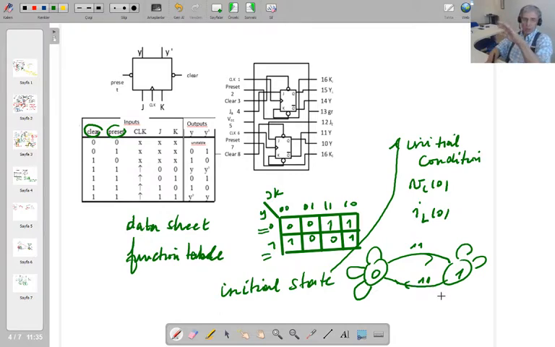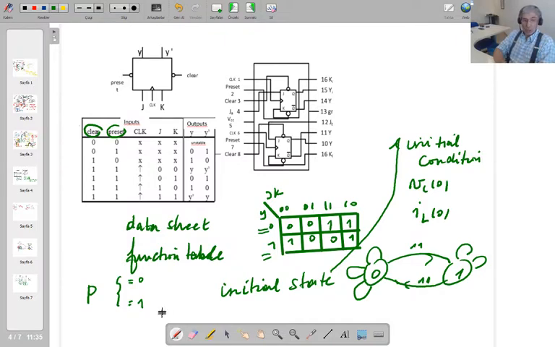So the question is this. In order to set something to 0 or 1, one variable is enough, isn't it? If you've got, let's say, variable p, you might say that when p is equal to 0, the initial state is 0, and when p is equal to 1, the initial state is 1. So why do I need 2?